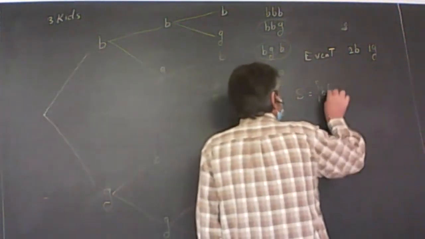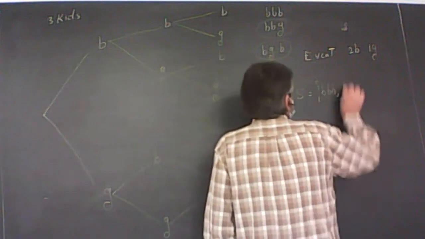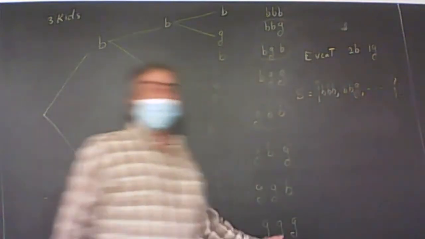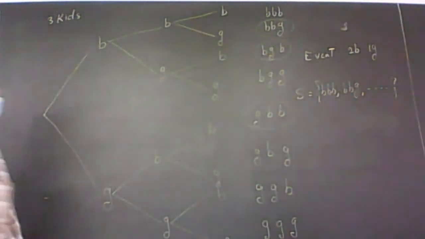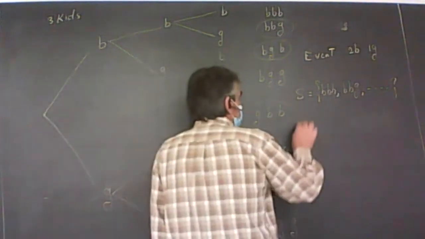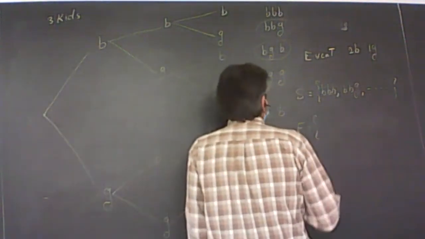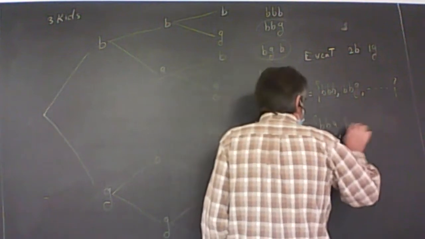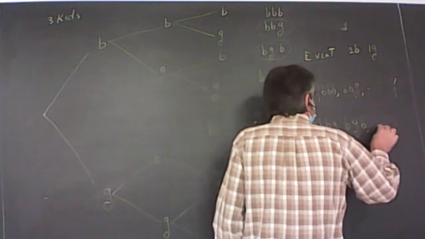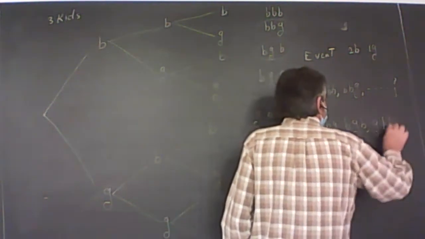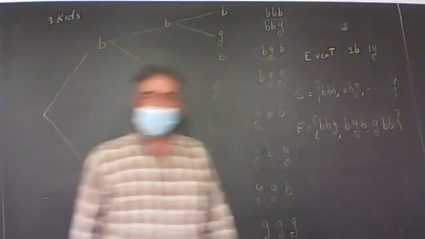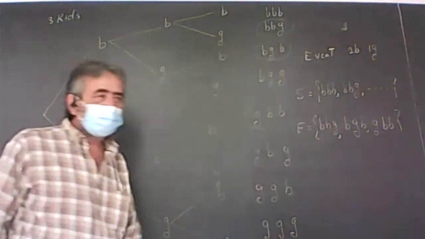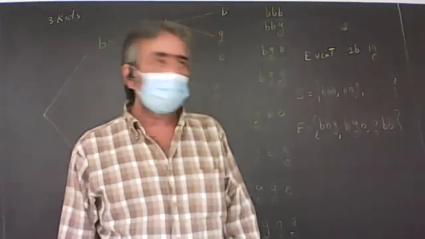So boy, boy, boy, and then boy, boy, girl, and so on until we're done with the whole sample space. The event itself has three possible outcomes: boy, boy, girl; boy, girl, boy; or girl, boy, boy. This is the event that they are aiming for if they want two boys and a girl. Okay? Any question on that?